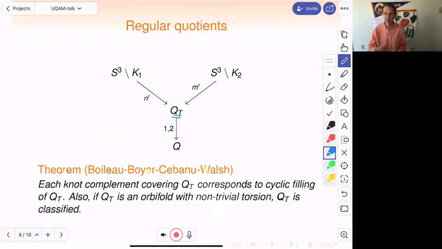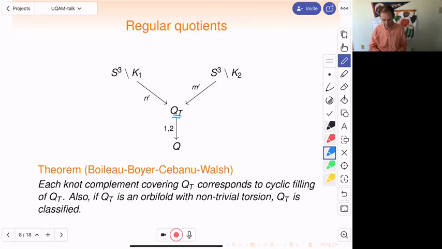So we have to be able to fill a peripheral curve of this torus and get an orbifold with finite cyclic fundamental group.